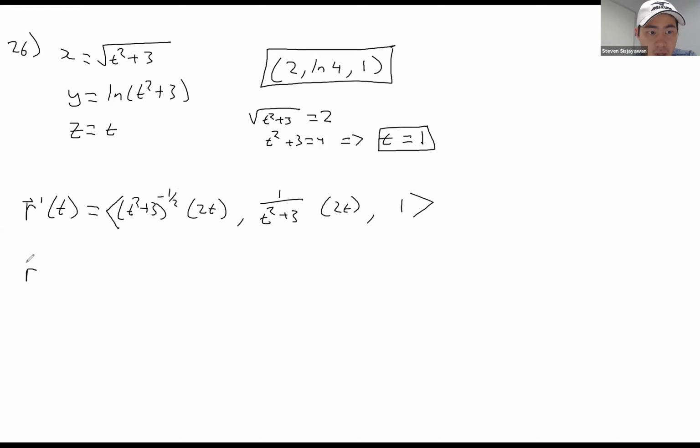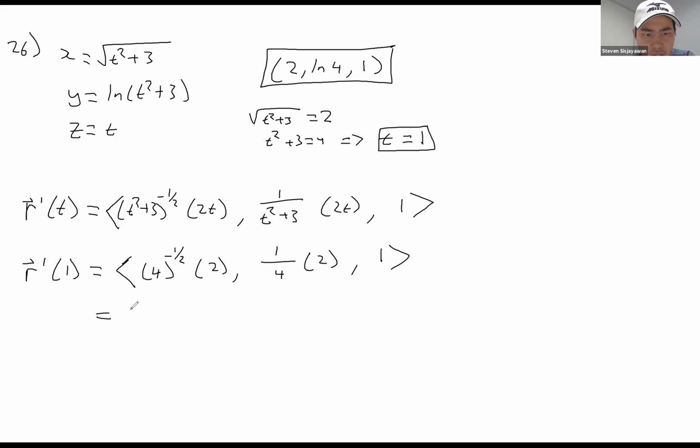And then plugging in t is equal to 1, we get for the x component 1 plus 3, so that's 4, right? So that's 4 to the power of negative 1/2, multiplied by 2, comma, 1 over 4, multiplied by 2, and we have 1 for z. So that equals 2 over 2, which is 1, 1/2, and 1.